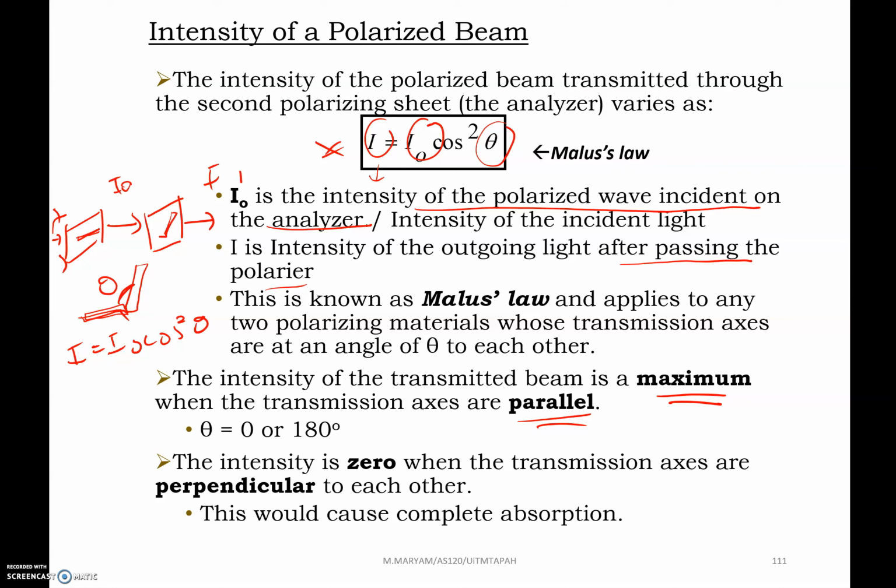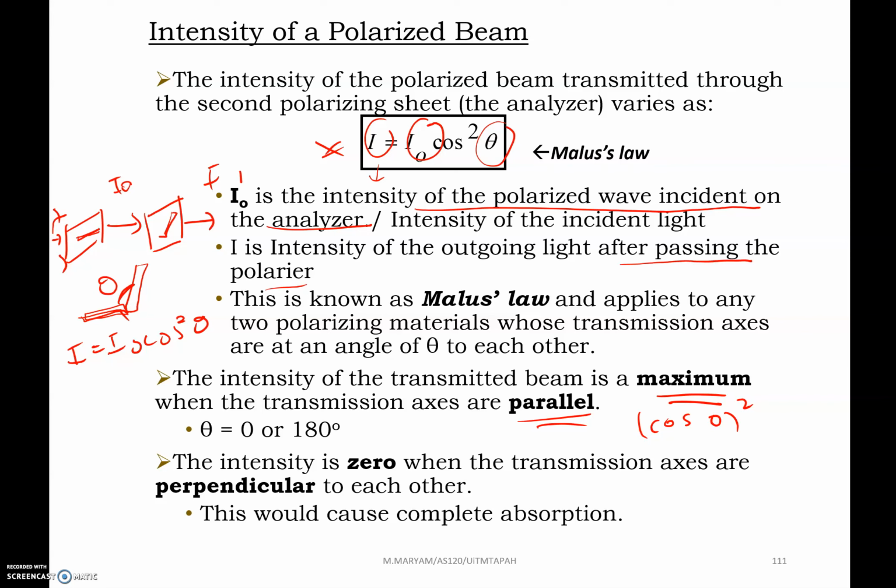If you calculate cos squared 0, make sure you calculate cos 0 first, and then you square it. So cos 0 is equal to 1, and once you square it, that is 1 as well. So that's why it is maximum.